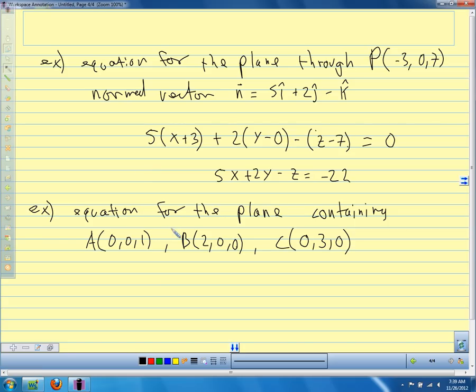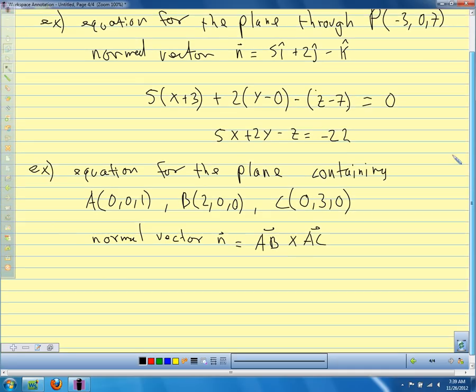And we can do any combo of vectors from one point to another point. So I'm just going to say that our normal vector is going to be the cross product. I just chose AB cross AC. And that's going to be my normal vector.